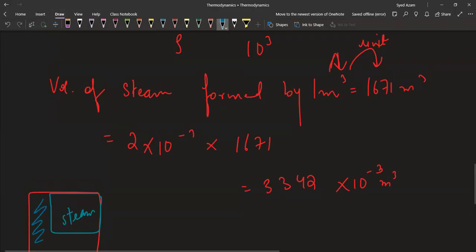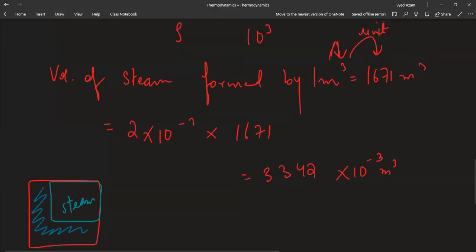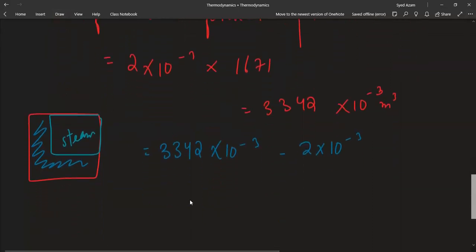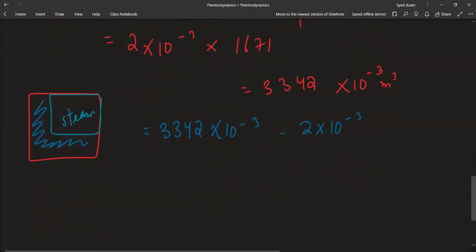This part which is left, you can simply subtract. 3342 into 10 to the power minus 3, subtracted by 2 into 10 to the power minus 3. So this will be 3340 into 10 to the power minus 3.